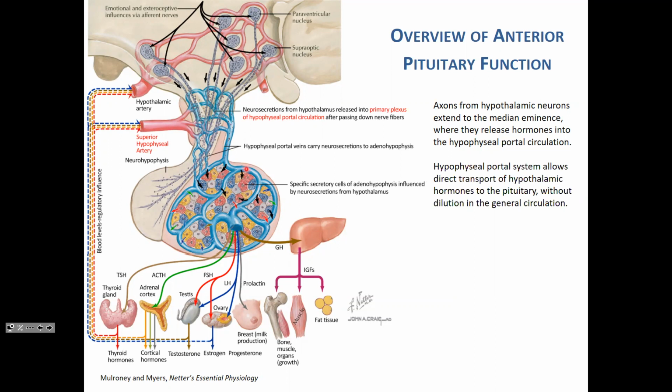Another thing to notice is that this system is closed, so these endocrine cells in the anterior pituitary are seeing much higher concentrations of hormones than they would in normal circulation, because this does not go into the general circulation before it hits them. So not diluted.